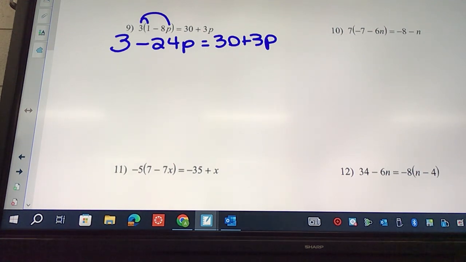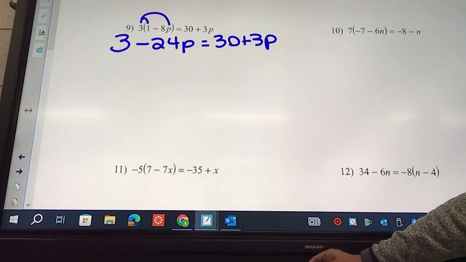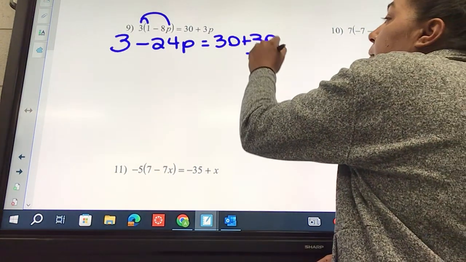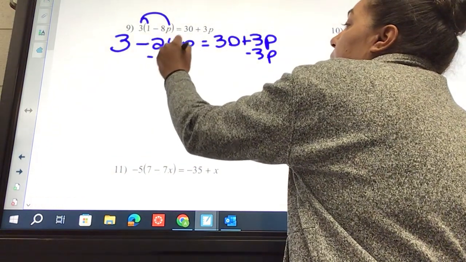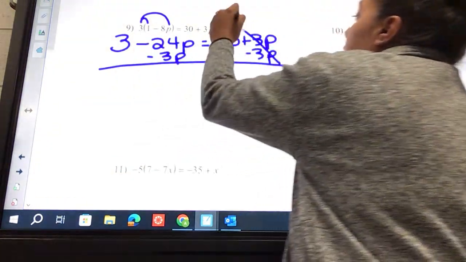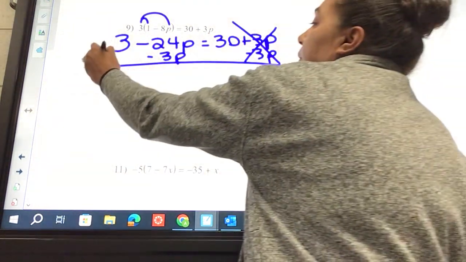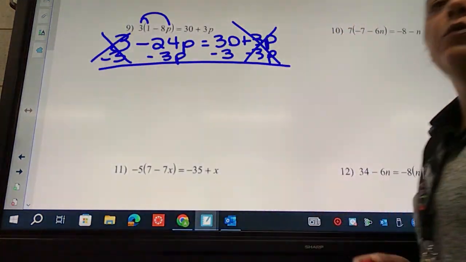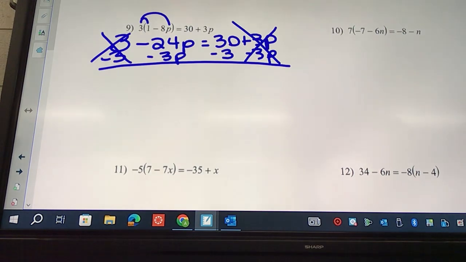Okay, what needs moved? What needs moved? Let's repeat. And what else needs moved? The 3. Okay, negative 24 minus 3.